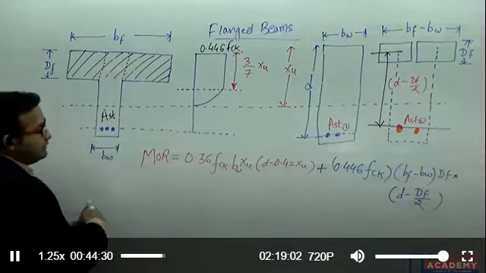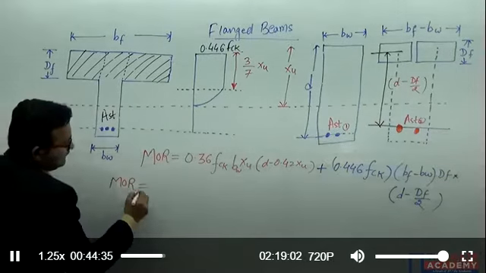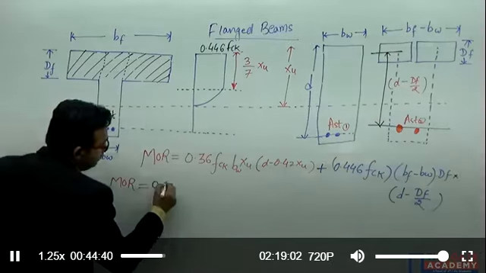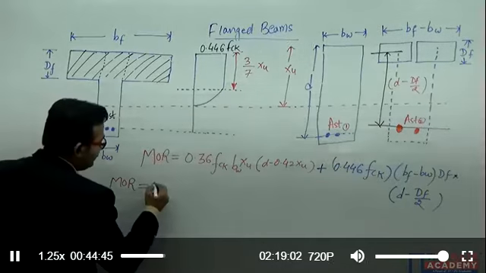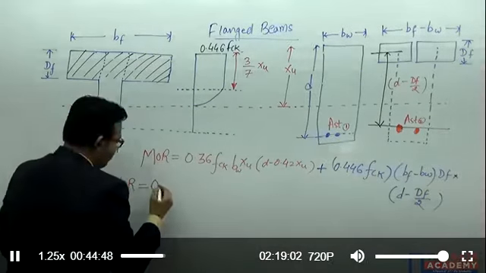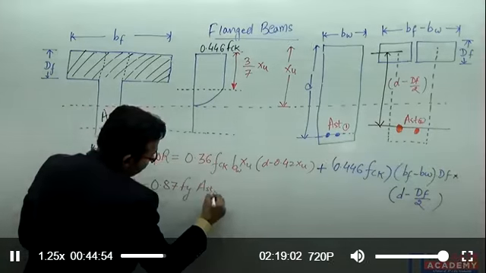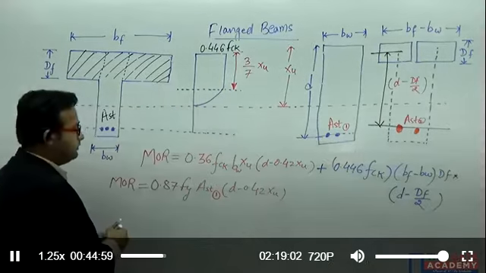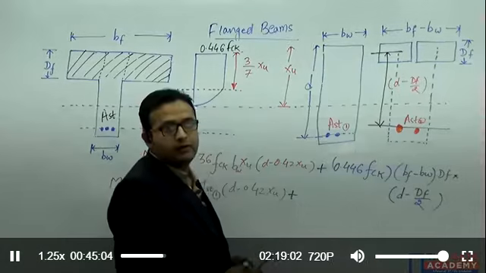If I want to write the moment of resistance in the tension zone, the moment of resistance for the web portion is 0.87 fy into Ast1 into d minus 0.42 xu, plus due to this portion.